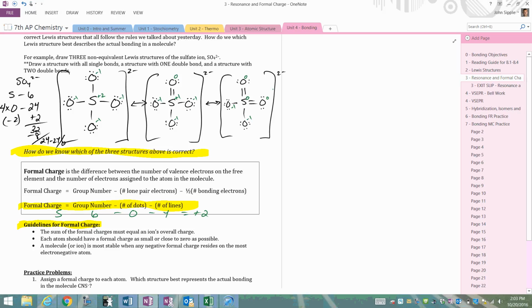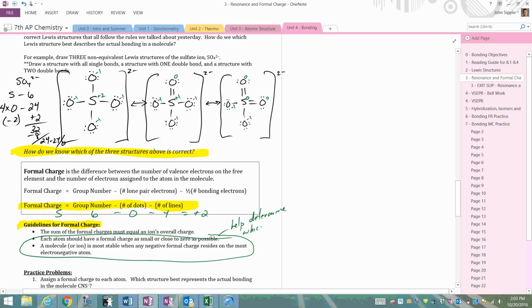All right. Now the last two, in order to pick which ones are right, we double check their formal charges. They all work. These last two help determine which structure is best.